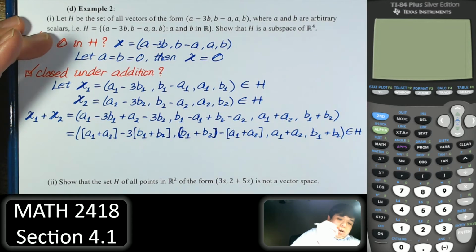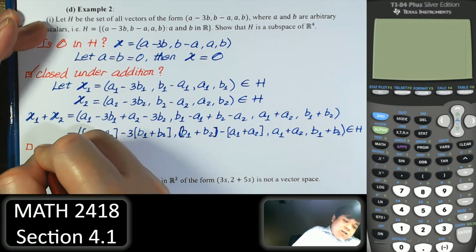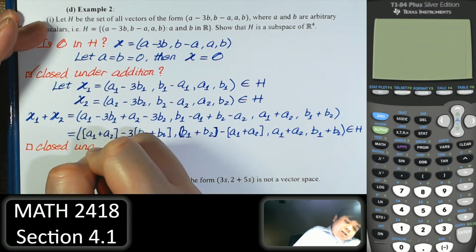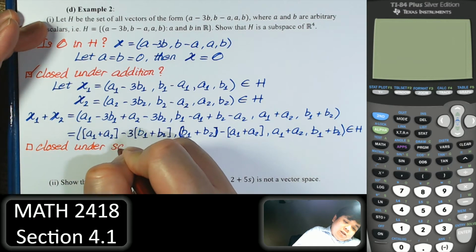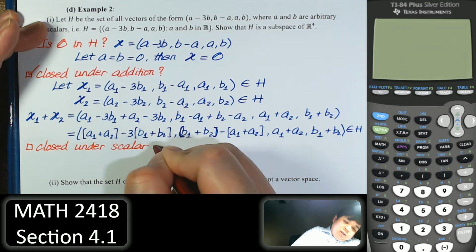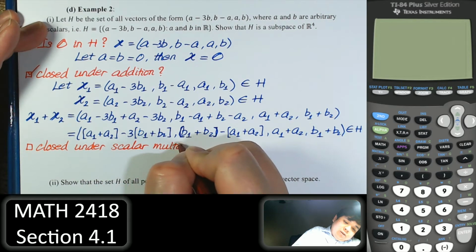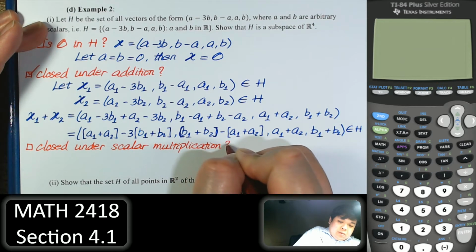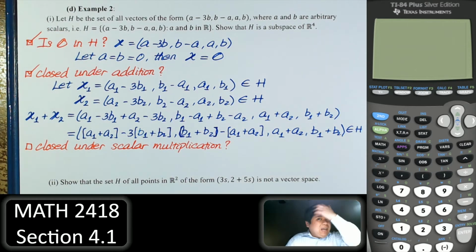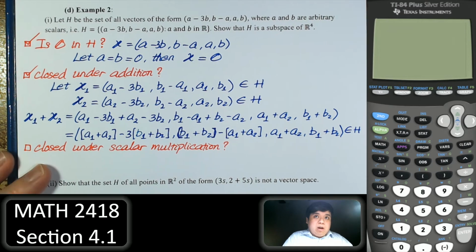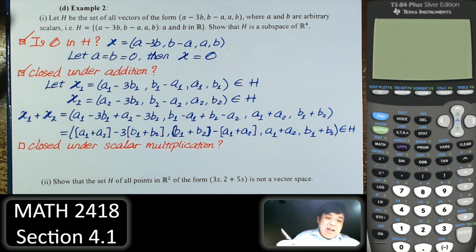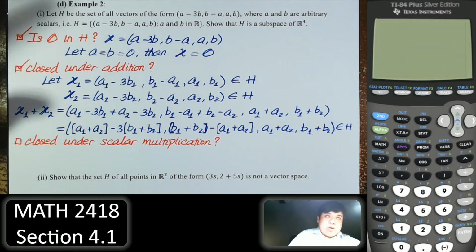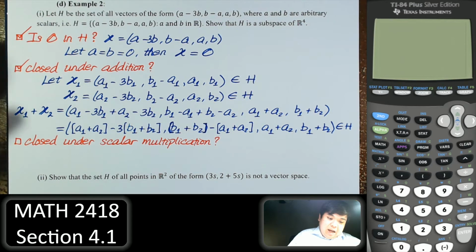And now go to, is that closed under scalar multiplication? I said the math, the computation is simple, but the concept is a little new compared to the course that you've been studying, I assume.